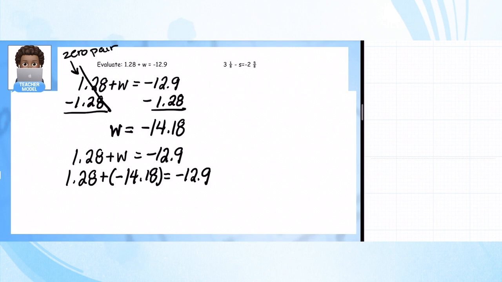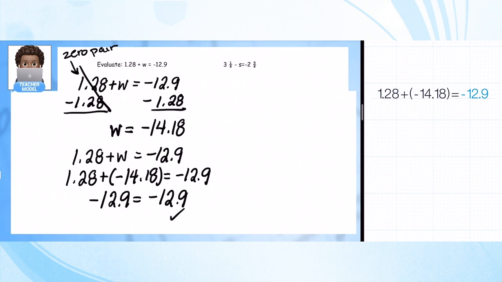And again, I'm just going to use my calculator to confirm 1 2800ths plus negative 14 1800ths is equal to negative 12 9/10. So both sides are equivalent to each other, so I know this one is correct.